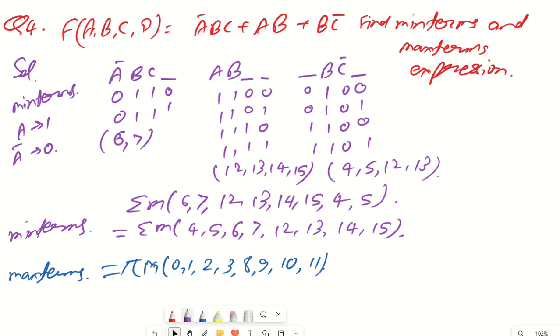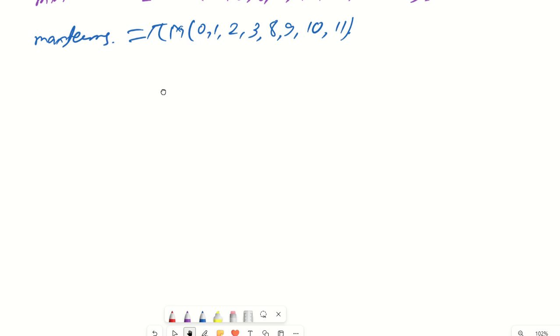Let us take one more question which was asked in GATE in last years. A lot of questions are being asked in GATE based on this, to convert an expression into canonical form. So the question was question number 5, or 6 it is. The function is going to be like this, let's say BAC.